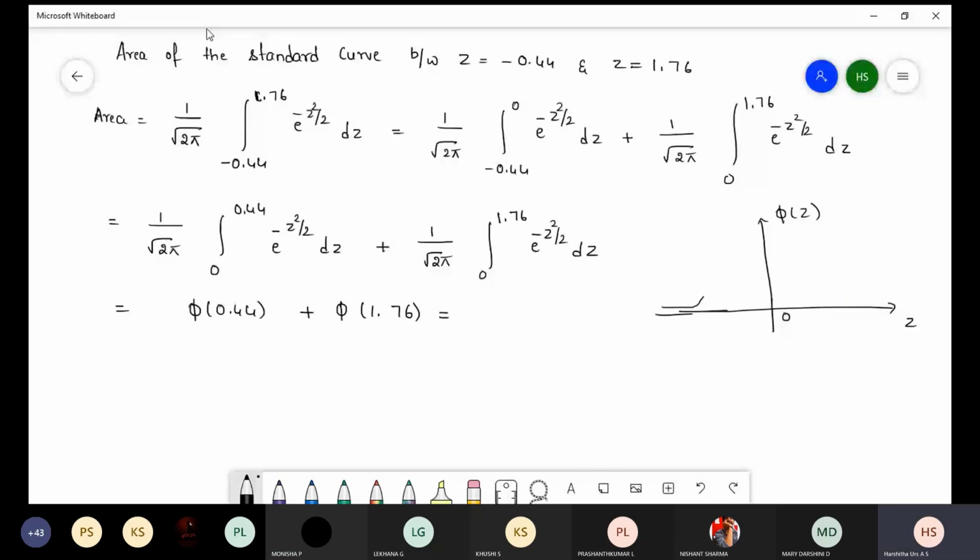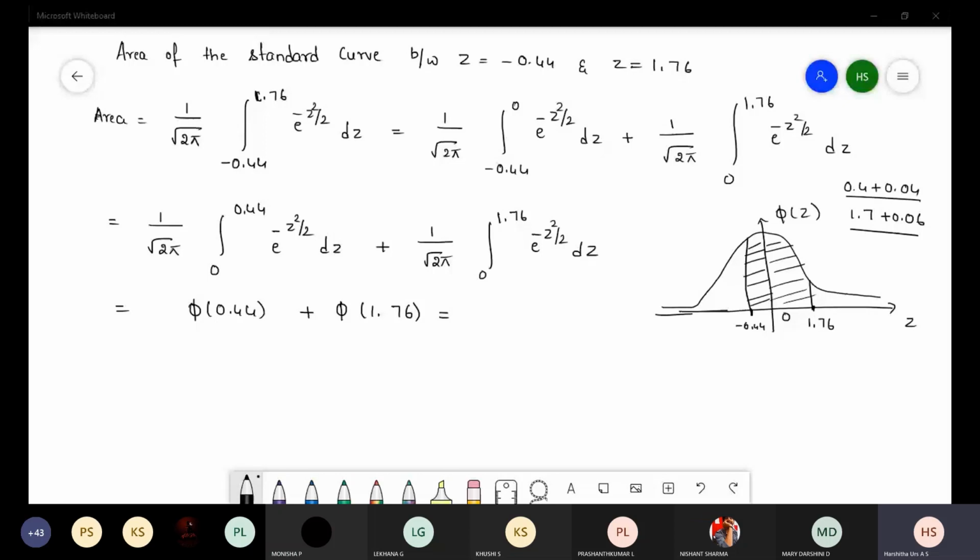So I just mark here minus 0.44, here 1.76. So area between minus 0.44 to 1.76. So what is 0.1700?